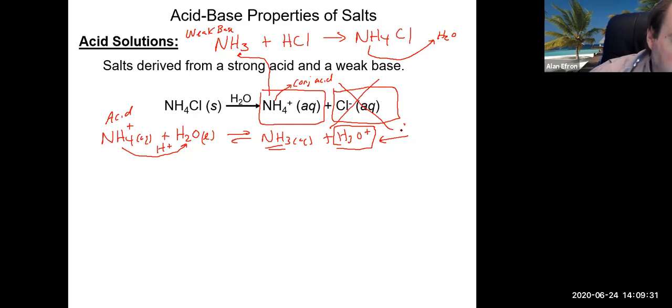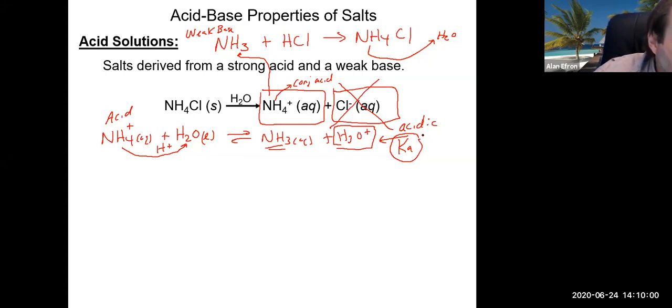So without even doing a calculation or picking up your calculator, as soon as you write this reaction correctly, you should be able to predict that we would expect this salt to be acidic because it's producing H3O+. And when you do the calculation, you use a Ka value, because it is an acidic solution and you did produce H3O+.